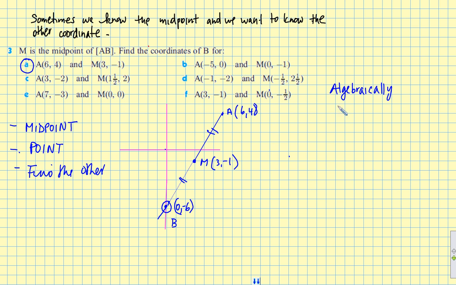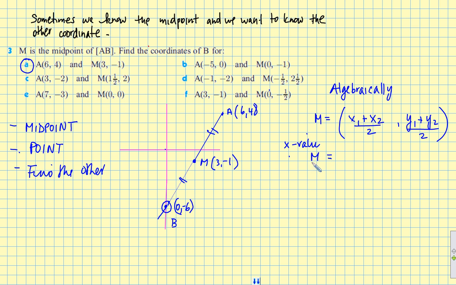But if I have to do this algebraically without drawing out the diagram, I would take my formula, m equals x sub 1 plus x sub 2 divided by 2, and again, y sub 1 plus y sub 2 divided by 2. Now, I would start by finding the x value first.